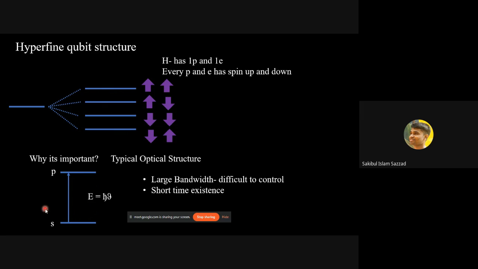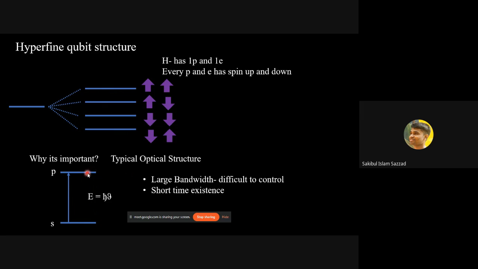When we pump it, the electron goes from lower to higher, but this is very unstable. Then it goes from higher to lower and emits some light. That's how we get a laser.